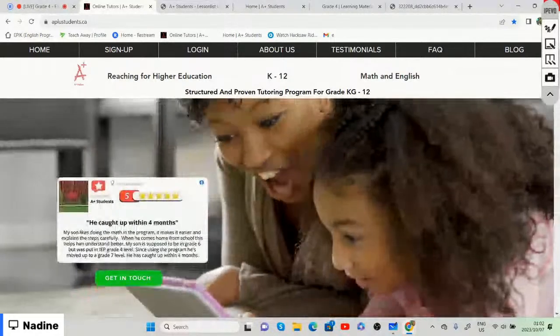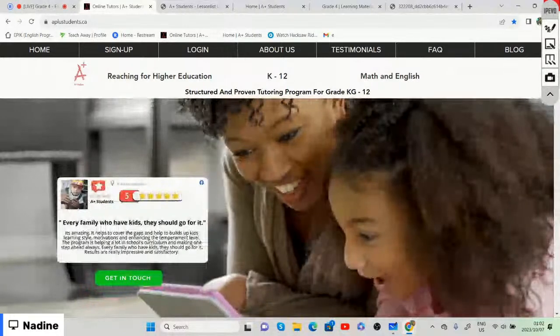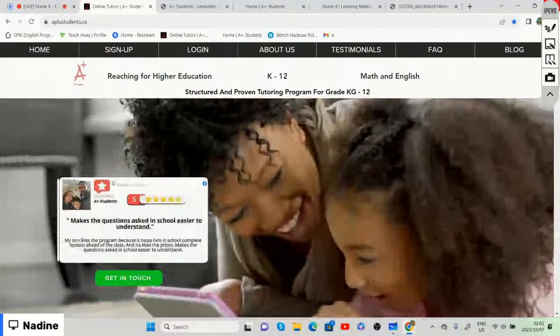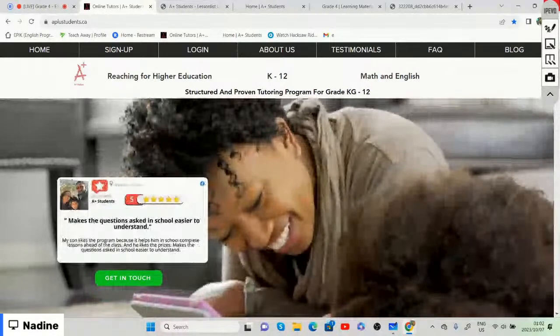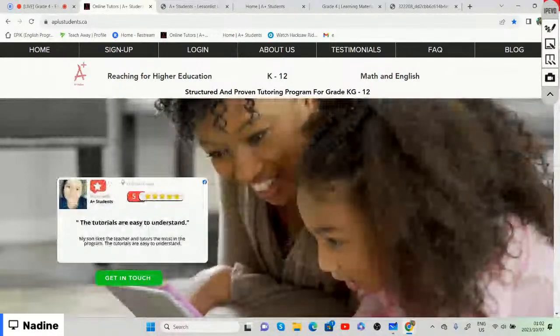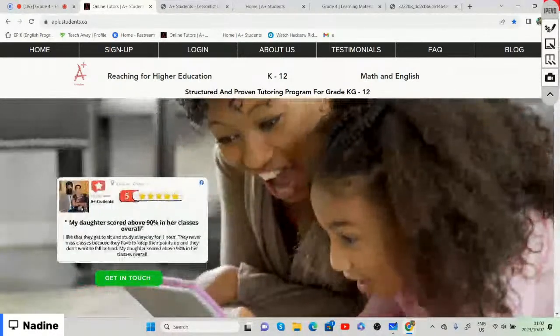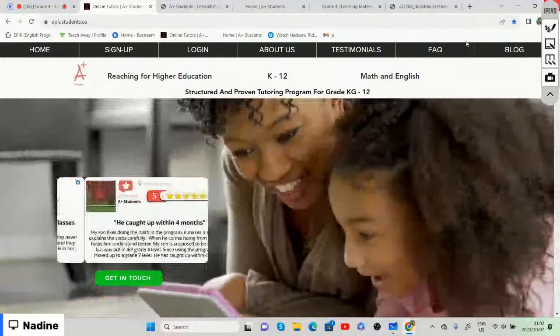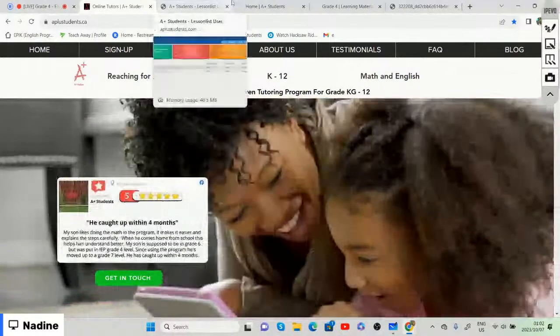Once we've selected the subject of language arts, grade 4, we're going to scroll down until we get to the chapter of possessive nouns.